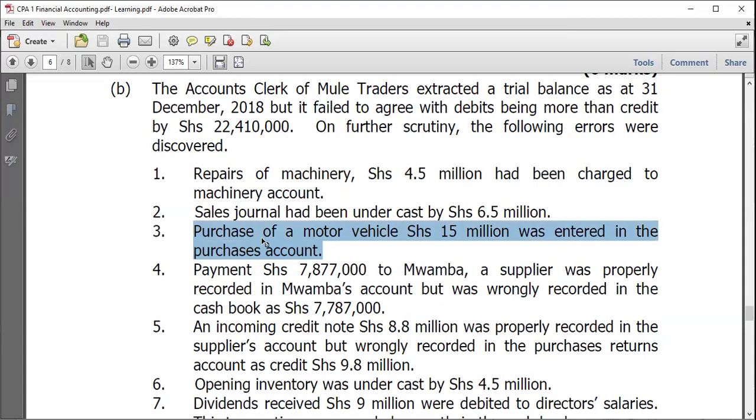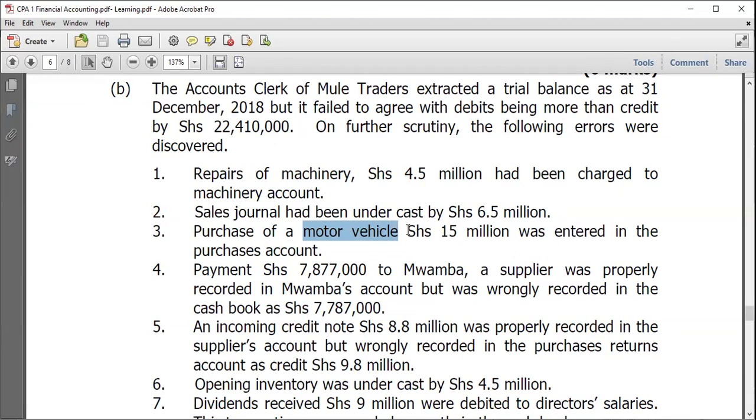You get it? So what we have to do is remove this value from the purchases account. Remember, purchases have a normal debit balance. Purchases are like expenses. So if this 15 million was entered in the purchases account, what we shall do is credit our purchases account to remove this 15 million that is sitting in the purchases account, and we shall go ahead to debit our motor vehicle.